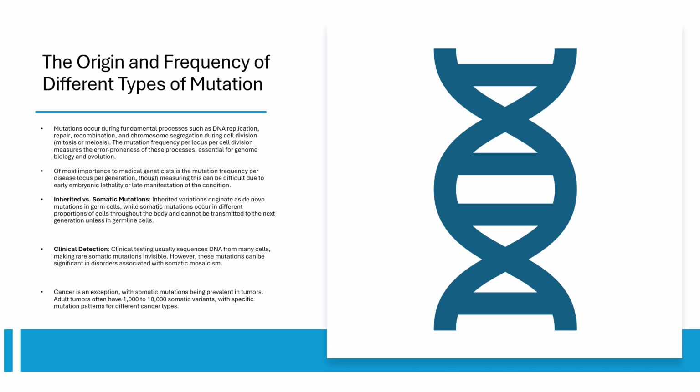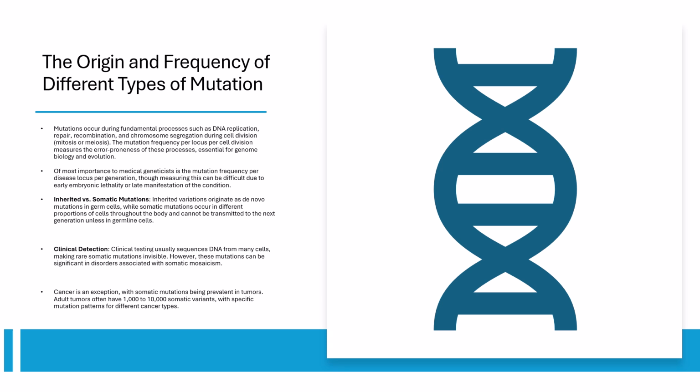So as we said, mutations are events that alter the DNA sequence at a specific locus. Mutations occur during fundamental processes such as DNA replication, DNA repair, recombination, and chromosome segregation during cell division, including mitosis and meiosis.